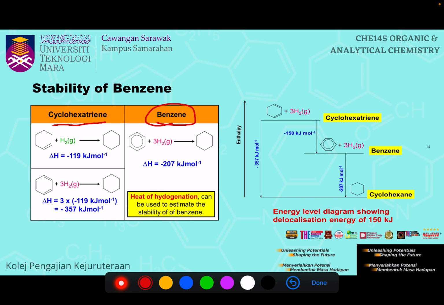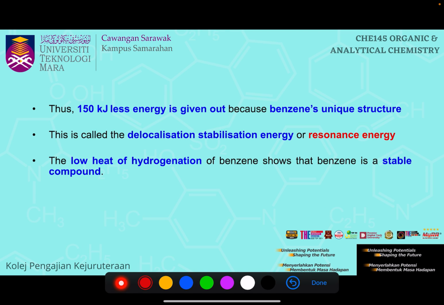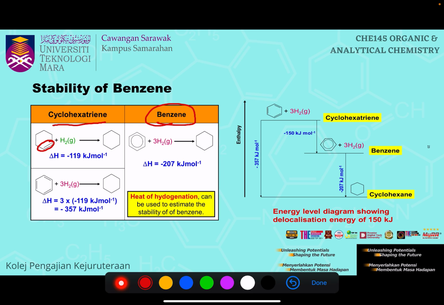Normally, if you have a single double bond, this is what you call a cyclohexene. You will need this much energy to break the double bond.